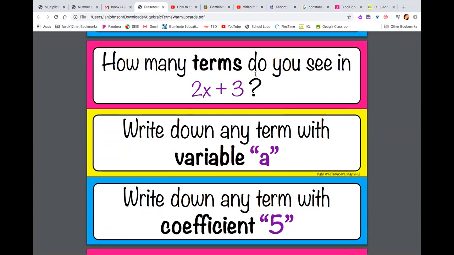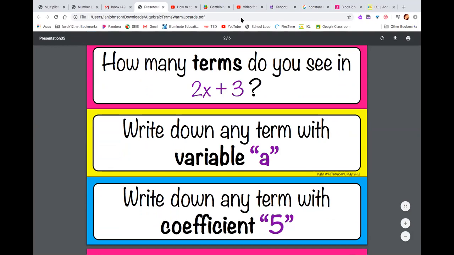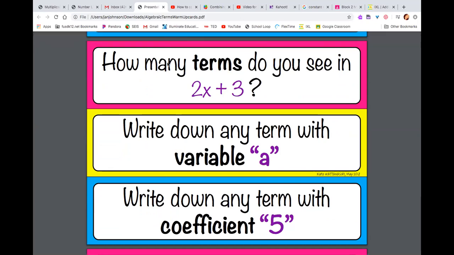So how many terms do you see in 2x plus 3? How many terms are there? So the pink one, how many terms are there? When we box our terms, how many boxes are we going to have? 2. Okay. So like that, 1, 2, 2 terms.